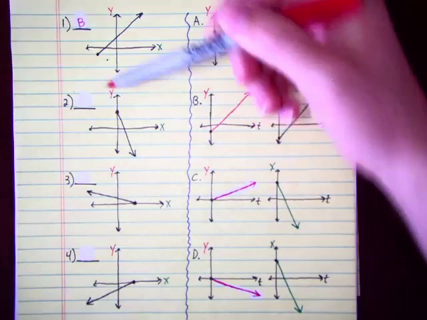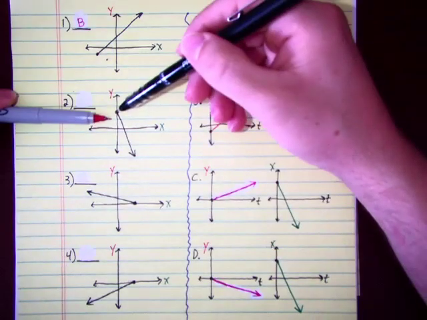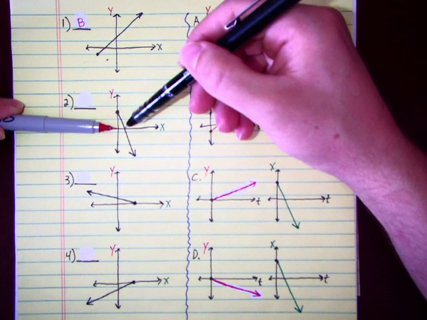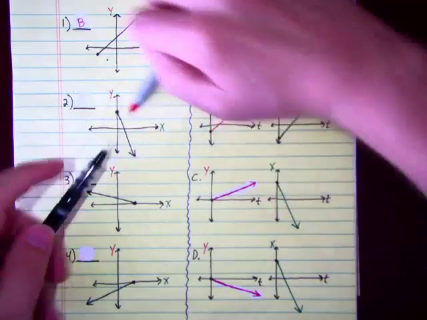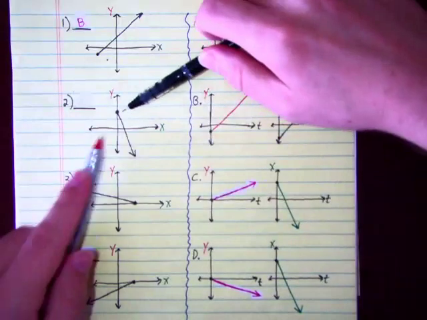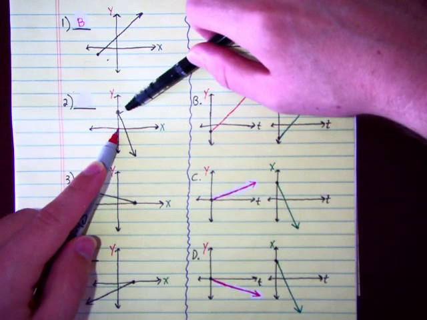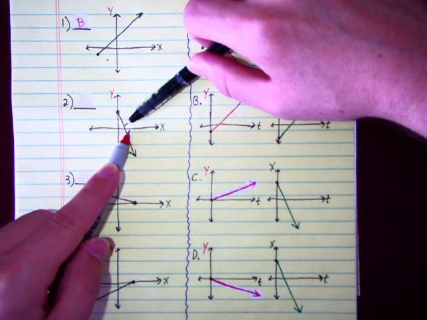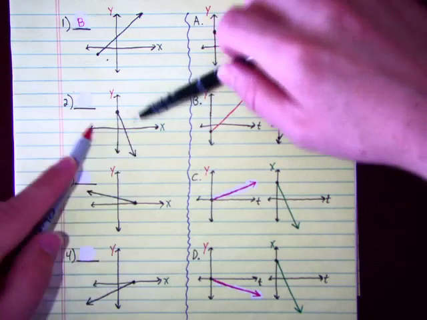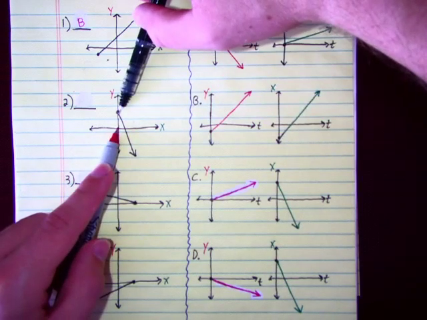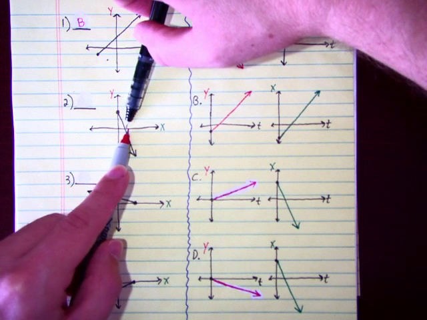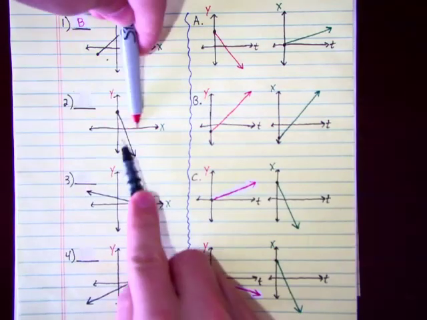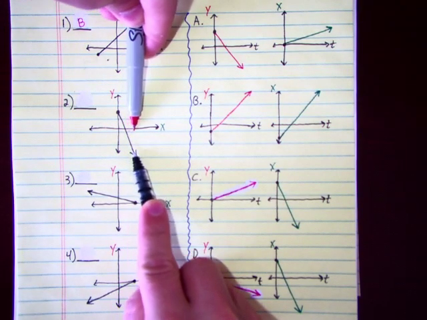Next one. Here, as we move along this path, our y-coordinate is decreasing with time, and our x-coordinate, oh man, this gets tricky. Our x-coordinate is increasing with time.